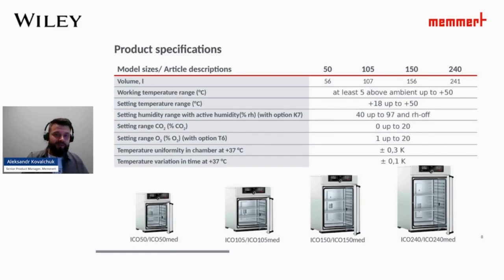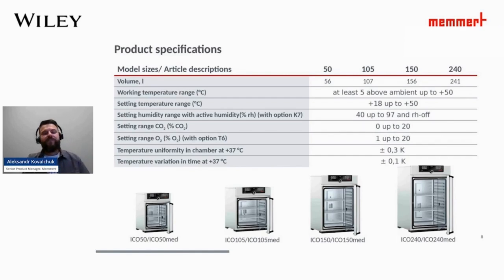93%. But for precise humidity control from 40 to 97%, the incubator can be optionally equipped with option K7 and active humidification and dehumidification systems with a setting accuracy of 0.5%. It goes without saying that every unit has CO₂ control in the range from 0 to 20%.